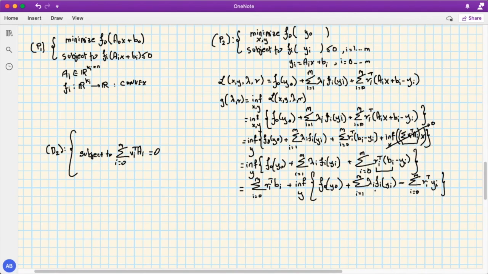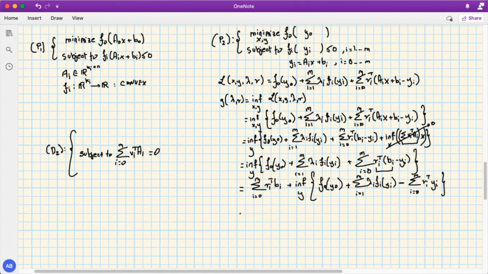And so how can we look at this infimum? So notice here that I'm going to divide this whole term in terms of the cost functions. So f0 of y0 is attached to nu0 transpose y0. f1 of y1 is attached to nu1 transpose y1, and so on.